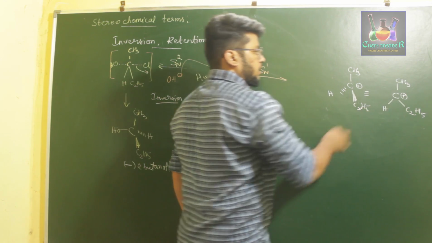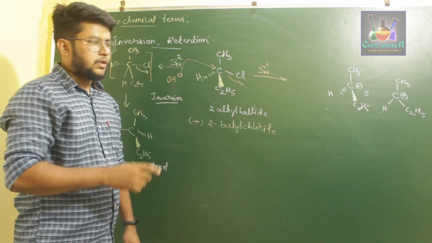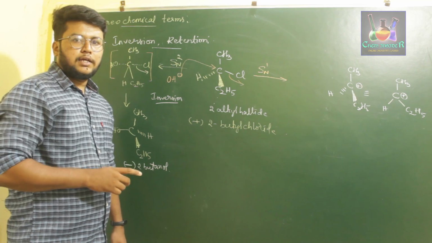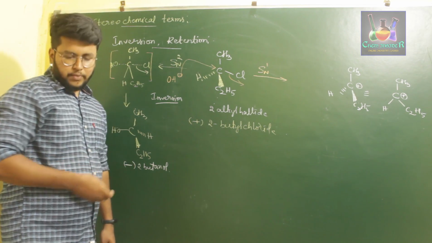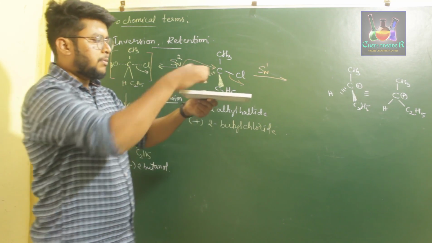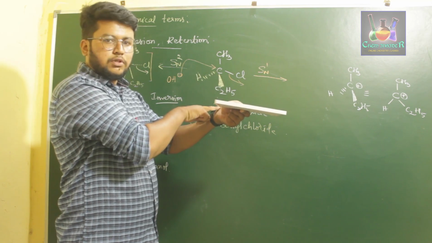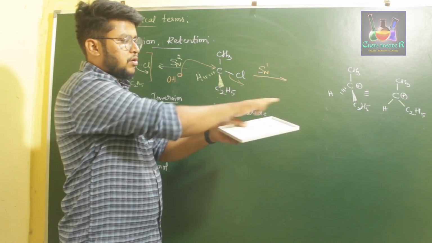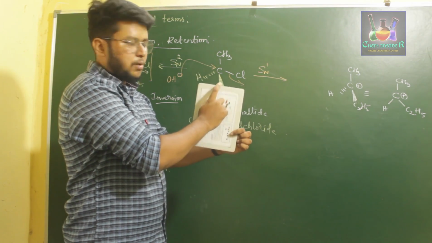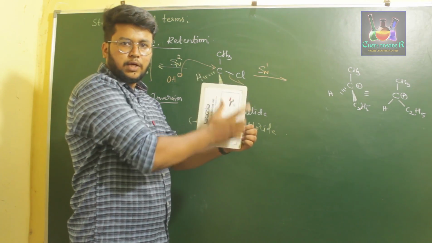The three groups or atoms attached to the carbon atom will be lying in a single plane. If you consider this as the plane of carbon, one CH3 will be on the top, H here, C2H5 here, and carbon at the center. So this will all lie in one plane.